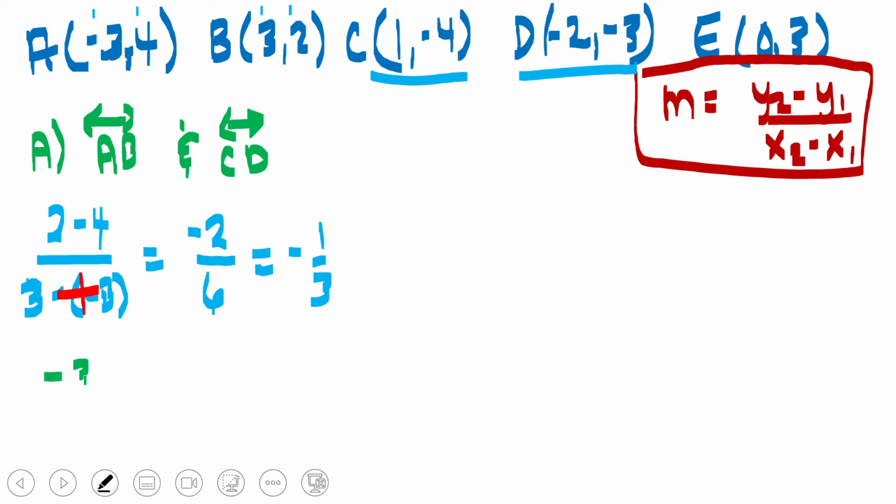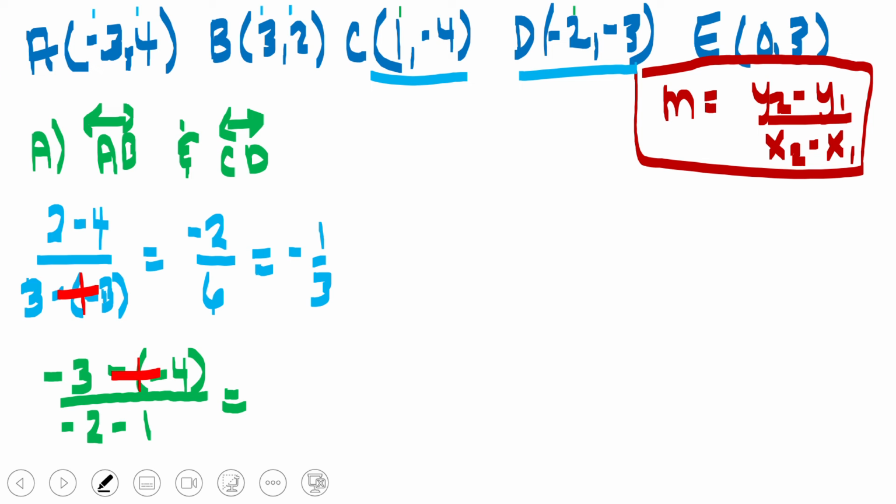We have negative 3 minus a negative 4, all over a negative 2 minus a negative 1.